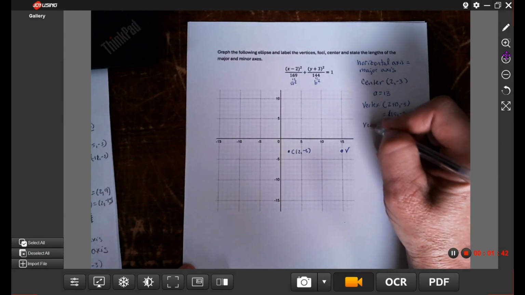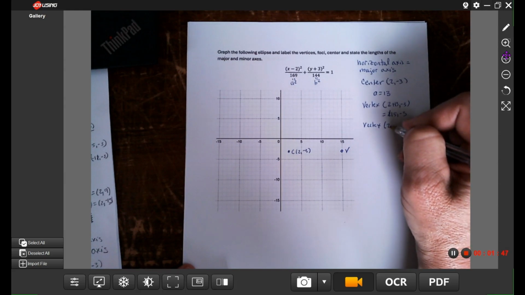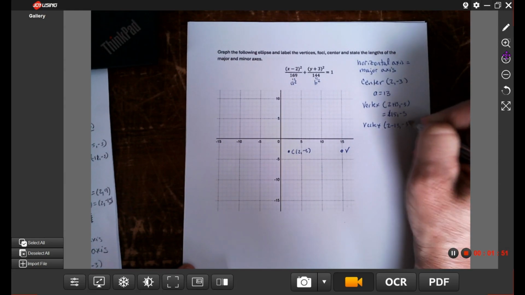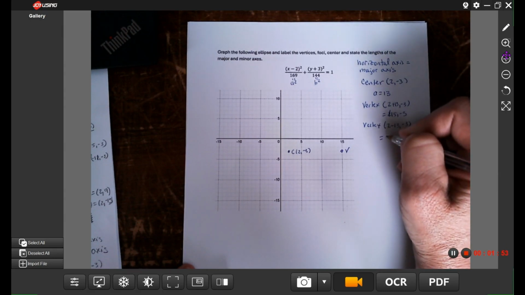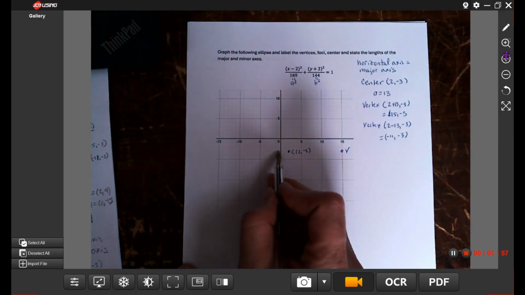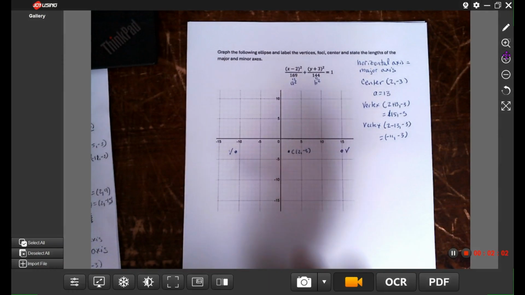And then there's another one when we move the x-coordinate of the center to the left 13 by subtracting it. So that gives us (-11, -3). So (-11, -3), so that's a vertex.